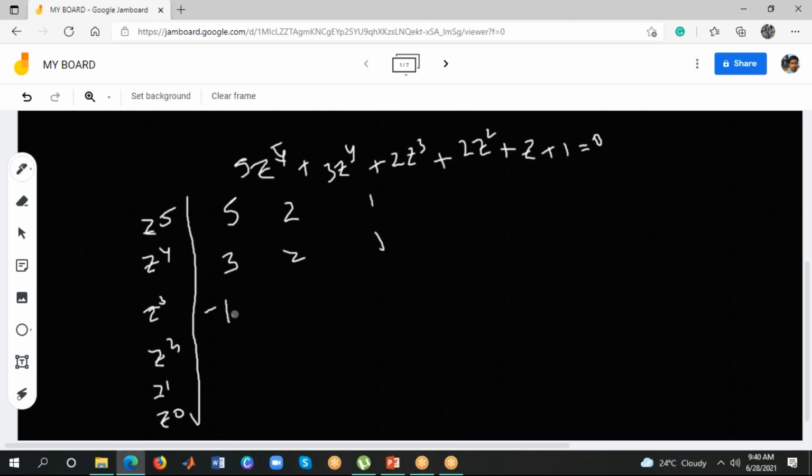So find the second term also. The second term is 3 into 1 minus 5 into 1 divided by 3. So do it this way, multiplying this with this, and this with this.